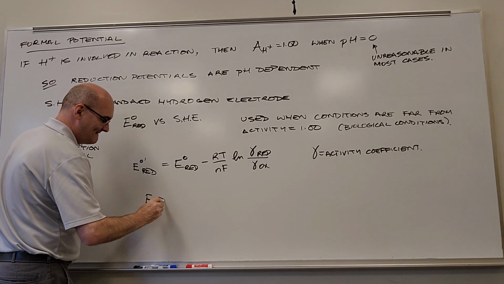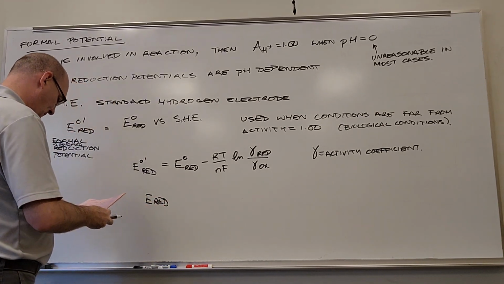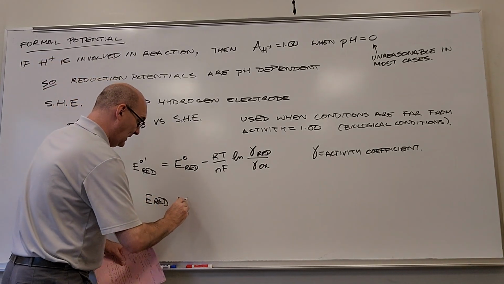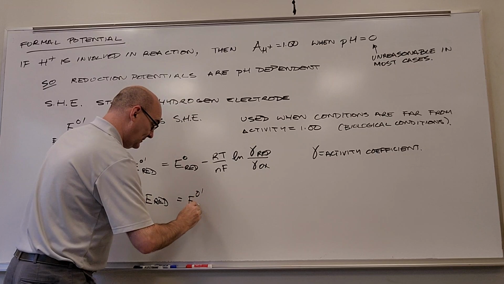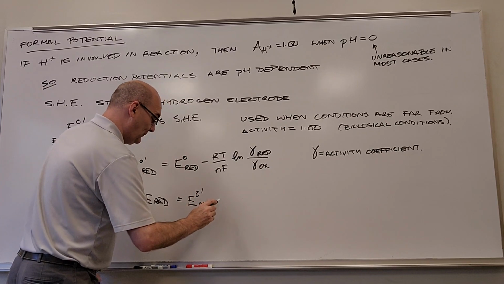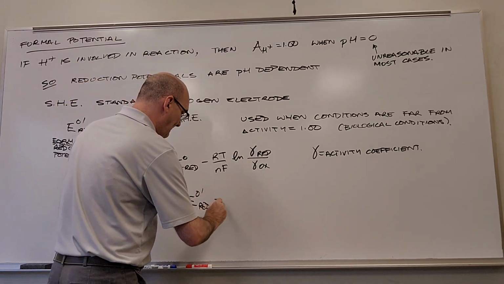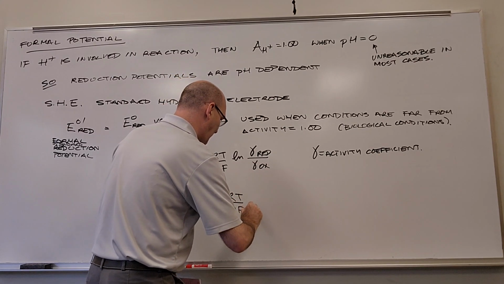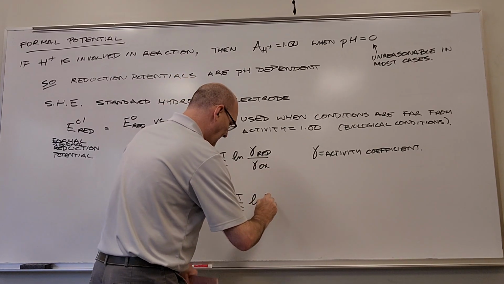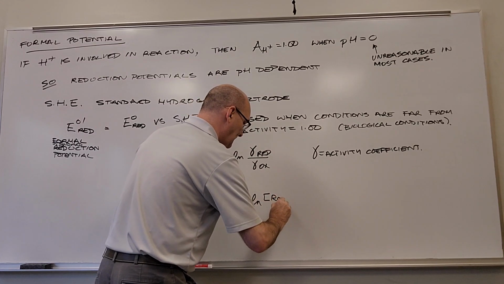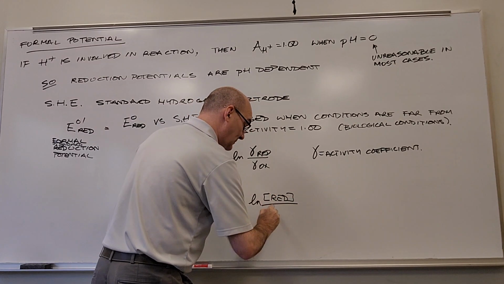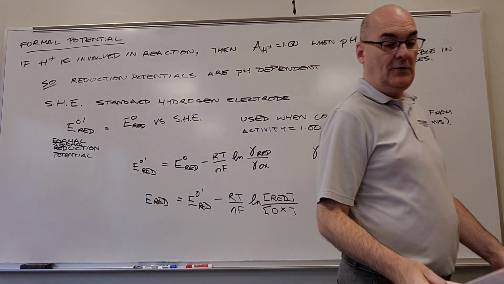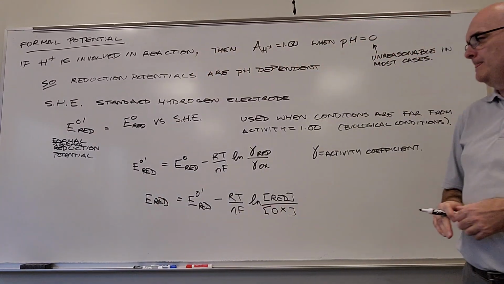Well, with a little bit of creative math, you can move this around so that your reduction potential is your standard, your formal reduction potential minus RT over NF, natural log concentration of the reduced species over the oxidized species.